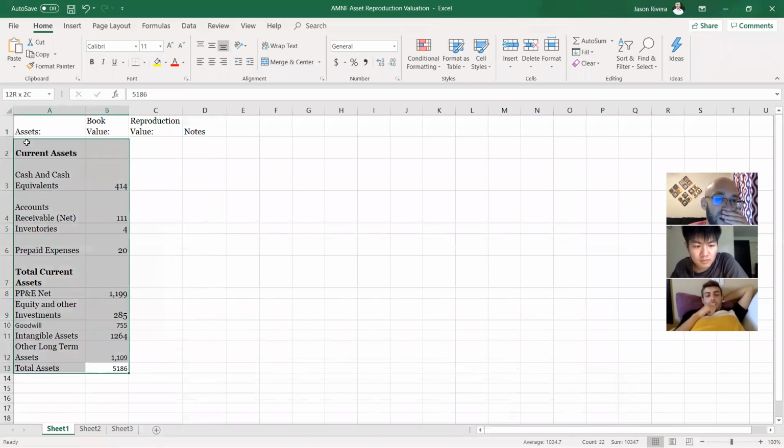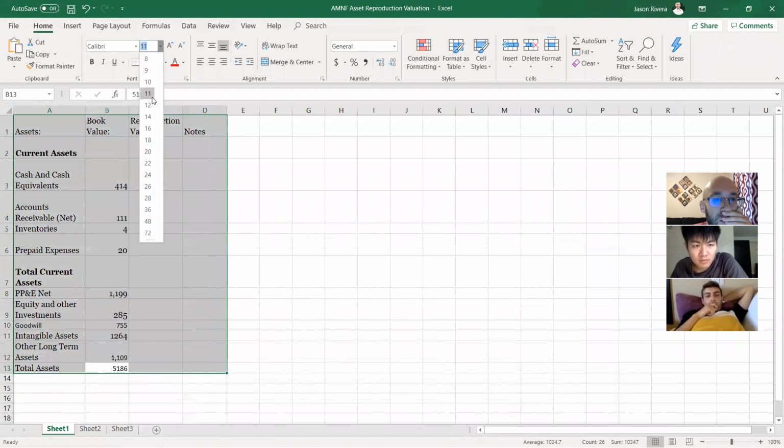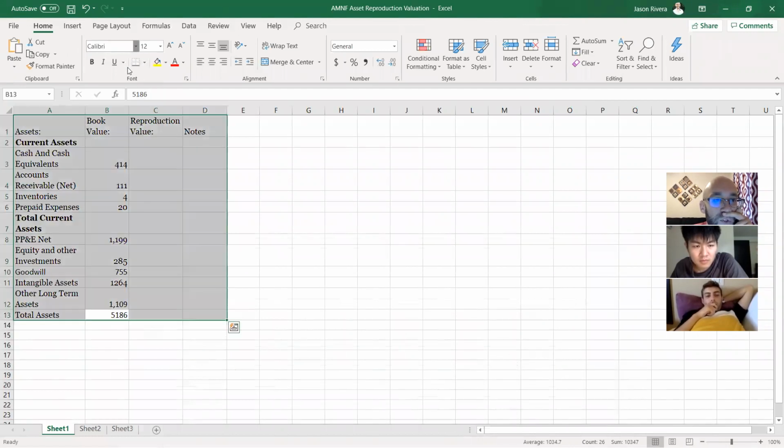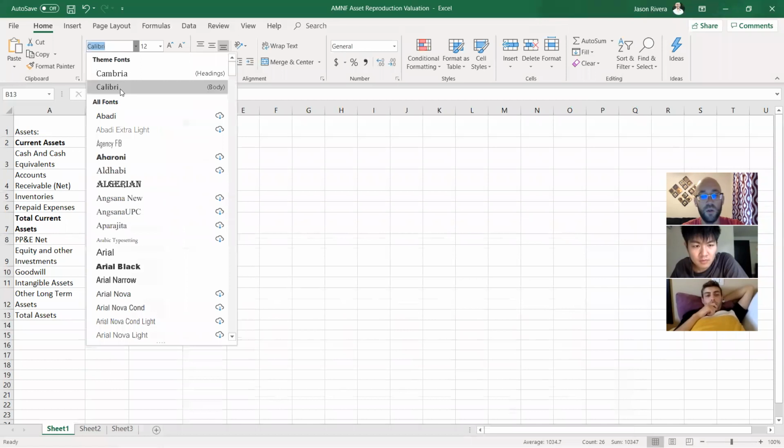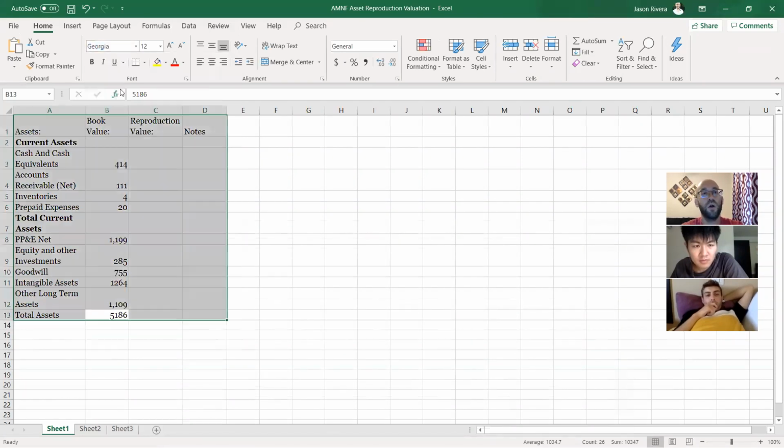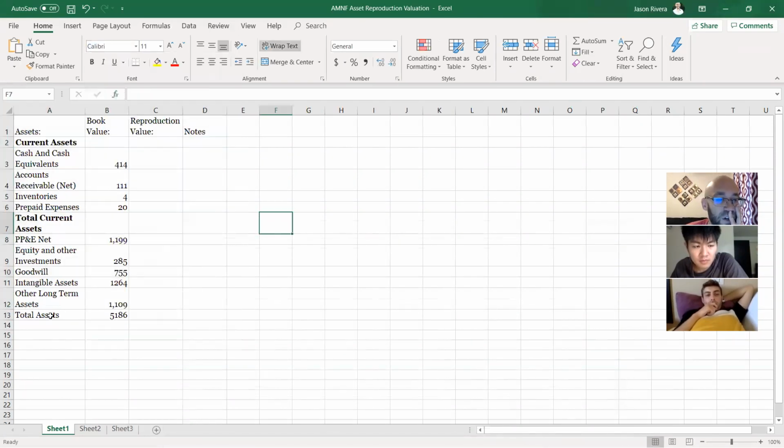Okay, and here's where I need to make a little explanation, because when I first started doing this, I made a mistake. I forgot that you include the liabilities.